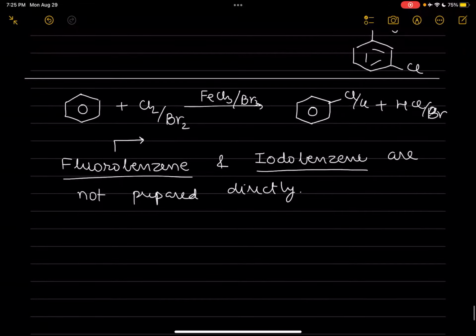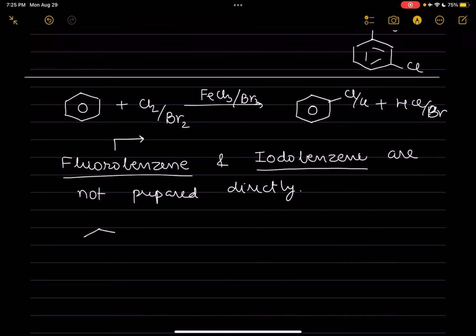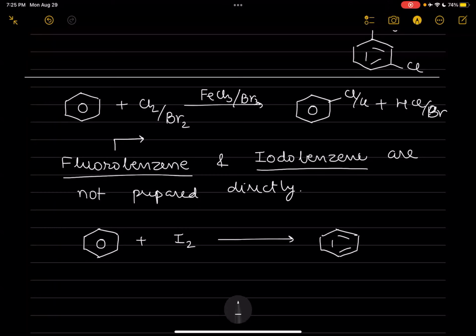Suppose you take benzene and iodine. There is one more problem: we don't have FeI3 as a Lewis acid, and even if we had, the reaction doesn't get completed. You can write benzene in both ways. Look, I've used two different ways to write benzene.